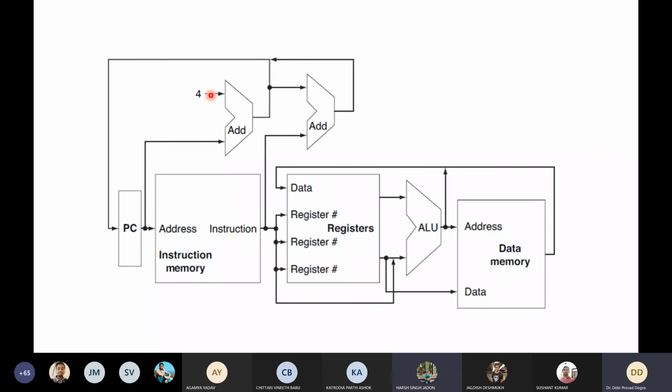So actually in data memory, the input line is for storing from the register into the memory. The output line of data memory is for loading from memory to register.